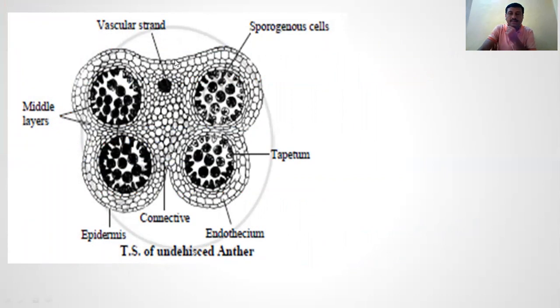First, epidermis, second, endothecium, and third, it is the 2 to 3 layers present towards the center. These layers are called the middle layer. It is developed by parenchyma cells.